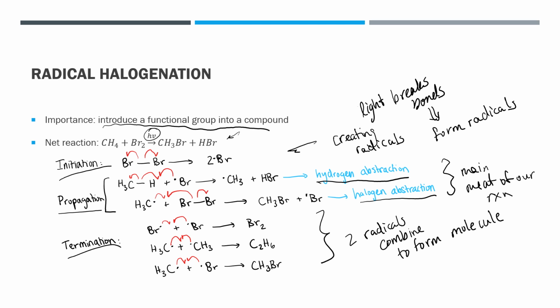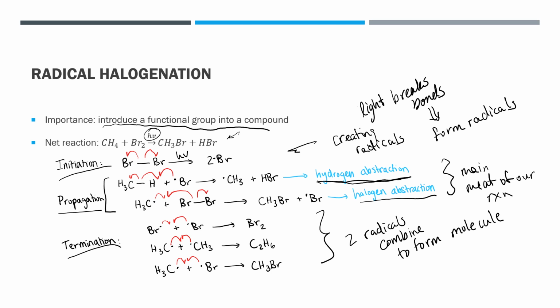So let's look specifically at each step in our reaction. Initiation is exactly what I showed before. We have a halogen that has a weak bond. When we have a little bit of light, this bond breaks homolytically and we form two bromine radicals. Now we have a hydrogen abstraction.